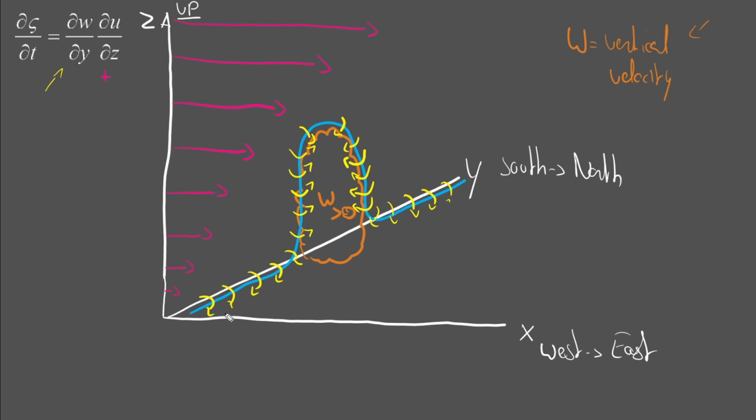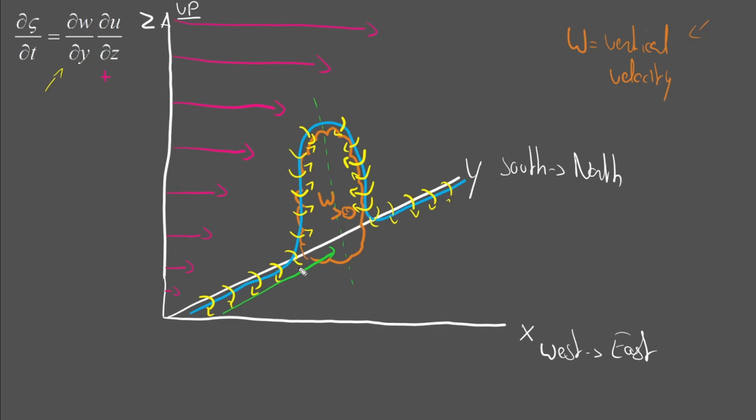So the more we go up in y, up until the center of this updraft, the w goes up as well. The more you go up in y, the more you go into the center of the updraft where the vertical vorticity is maximized. This means that on this side of the updraft, the left side or the south side, you get positive vertical vorticity.